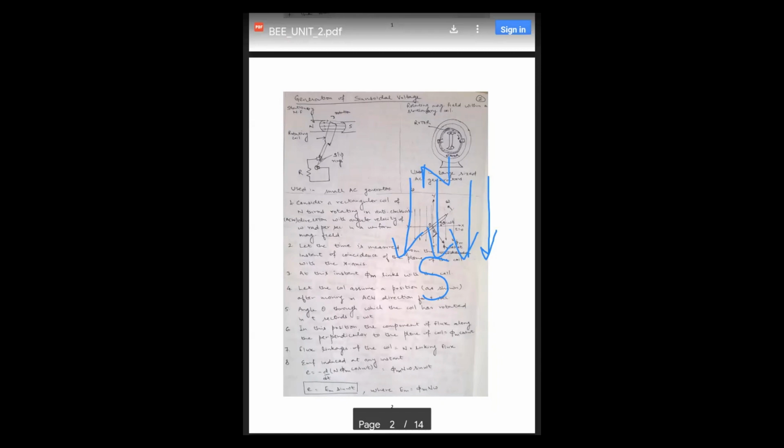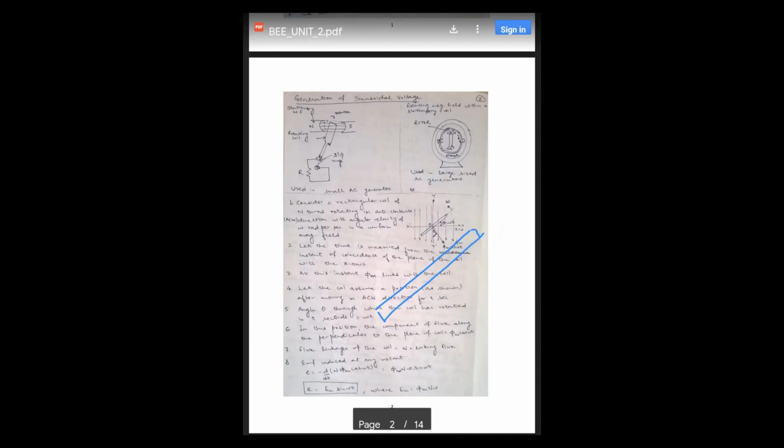We have assumed that a conductor is placed in this magnetic field. This conductor is assumed to be a rectangular coil, but we are more focused on its flux cutting feature.